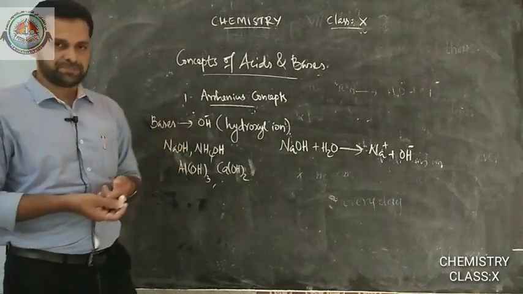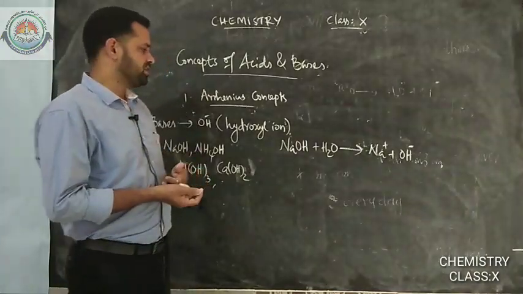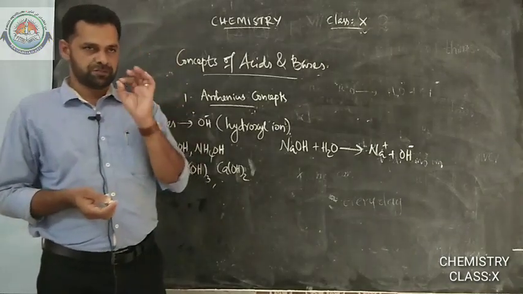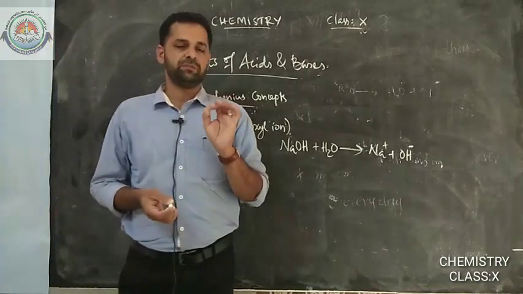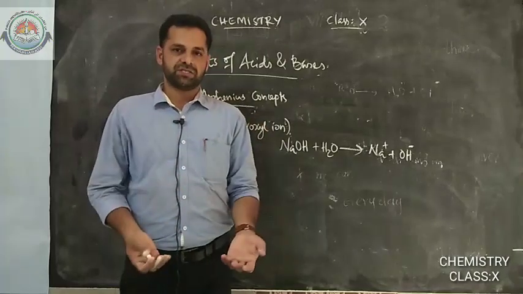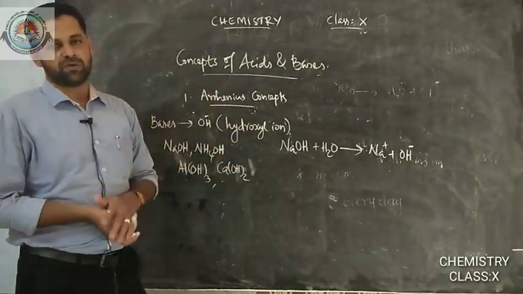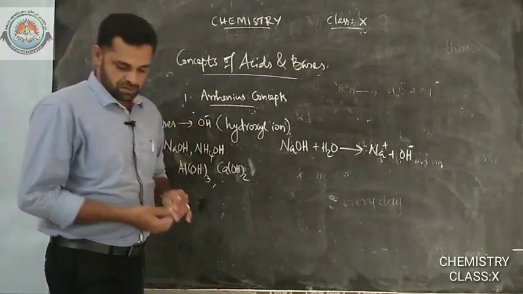Then bases are the substances which give OH minus ion in aqueous solution. You have to specify that word, aqueous solution. Only in presence of water do they furnish this OH minus ion, or in the case of acids, H plus ions. Okay.